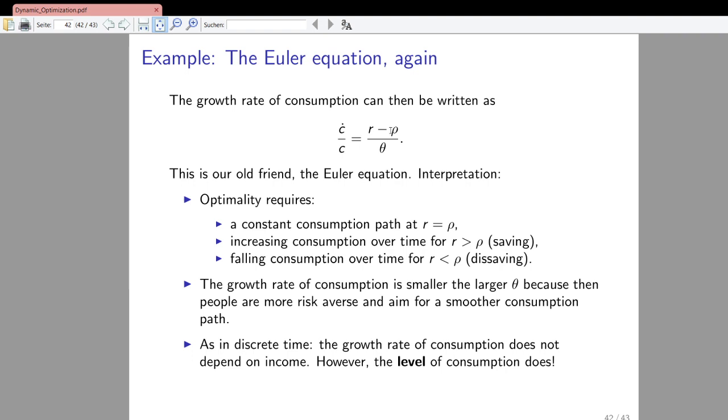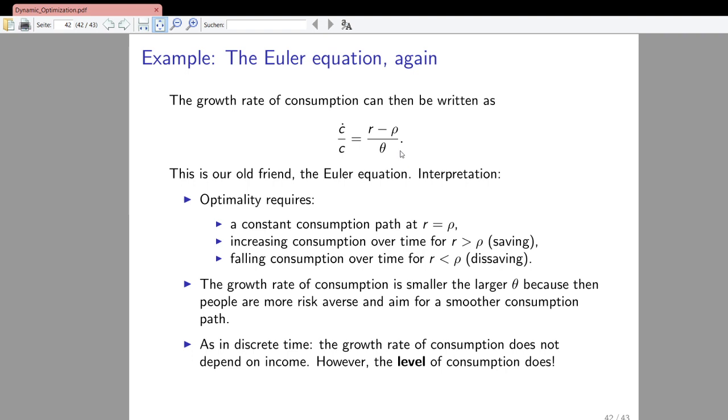But saving means nothing else than consuming less today and more in the future, so we would observe positive consumption growth. By contrast, if impatience of households is higher than what the financial market pays on savings, then the numerator would be negative and the growth rate of consumption would be negative. So people consume more today and less in the future, so we have dissaving actually.